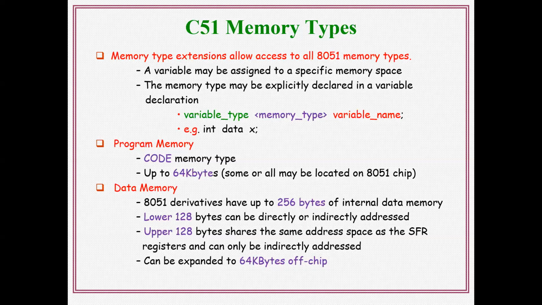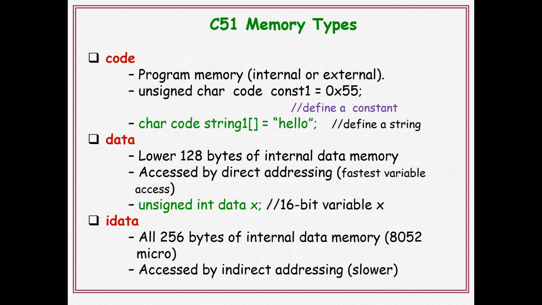The upper bank is reserved for special function registers and can only be indirectly addressed, and can be extended to 64 kilobytes with the help of the EA bar signal. Okay. And next one is code. Program memory, or code memory, is internal or external.